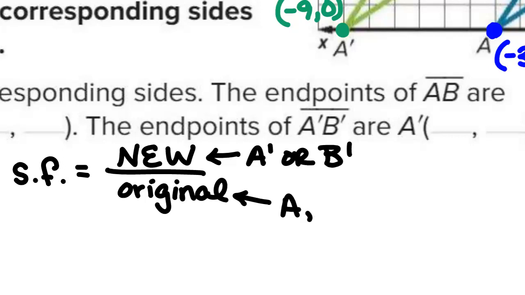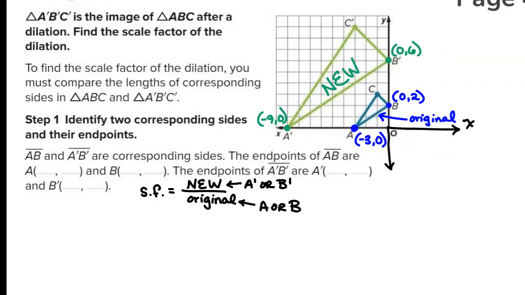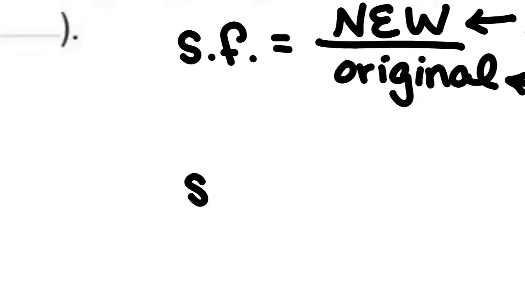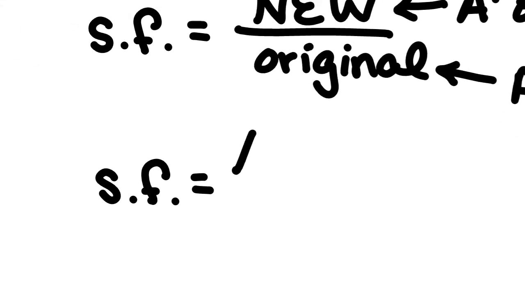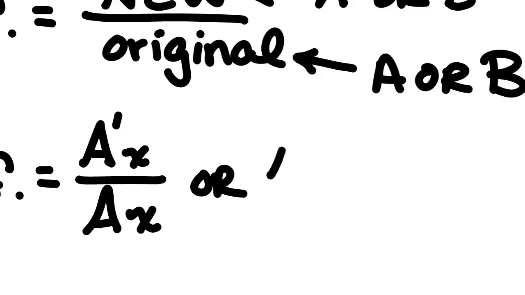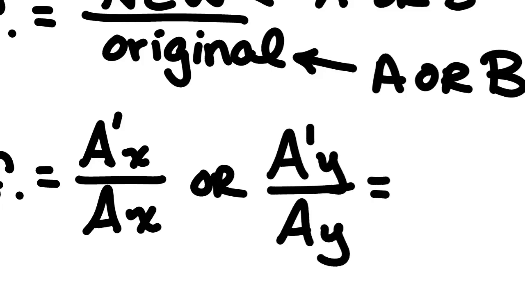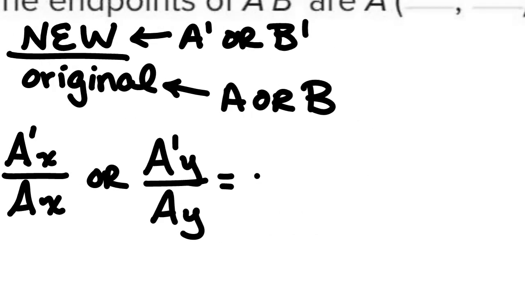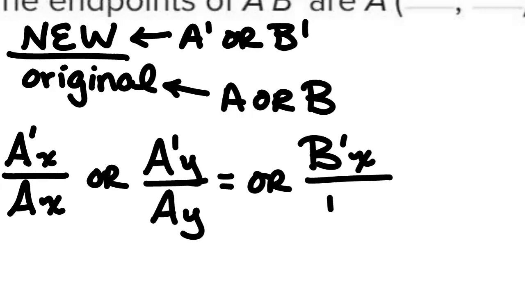Original, points like A, or B, or C. To find my scale factor, I can do the x part of A prime divided by the x part of A, or the y part of A prime divided by the y part of A. Or I could do the same kind of thing with B and B prime.